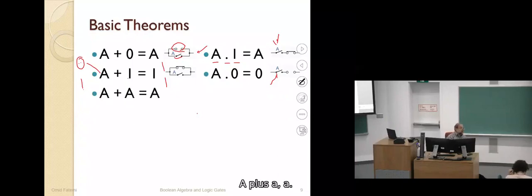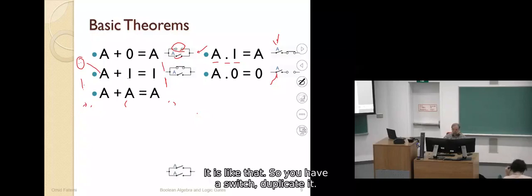A plus A, or A. Again, it is A because A is either 1 or 0. 1 plus 1 is 1. 0 plus 0 is 0. So A plus A, or A, is A. It is like that: you have a switch duplicated.